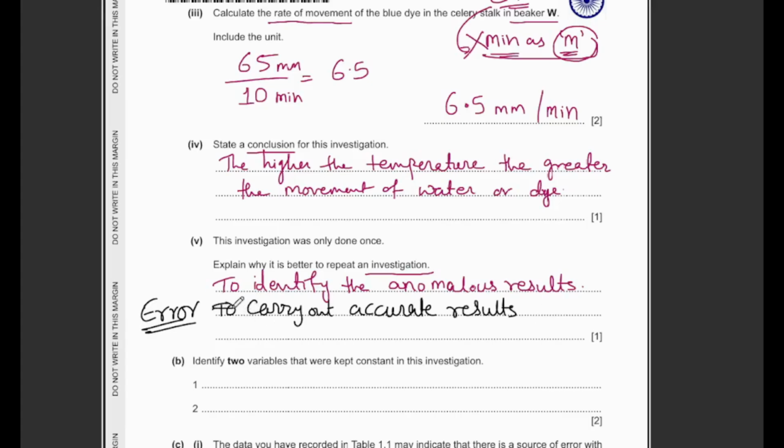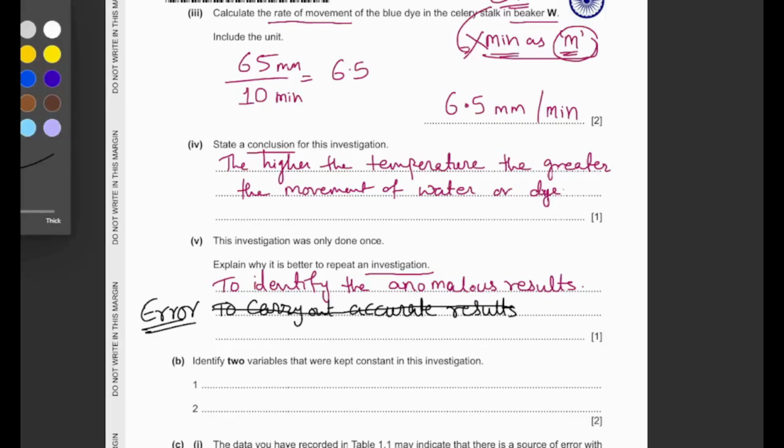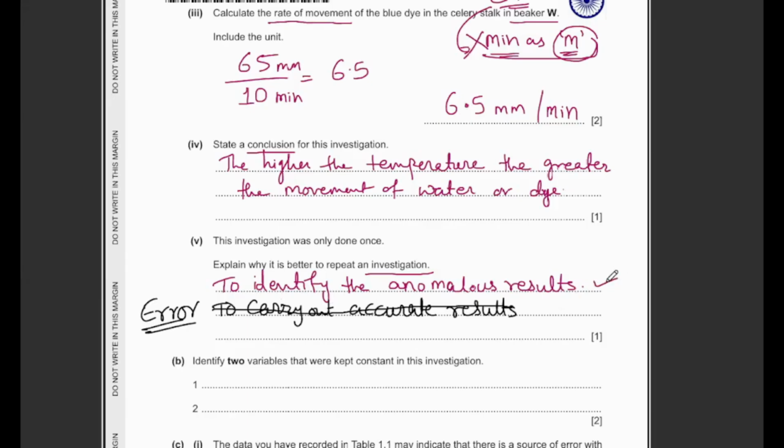This one is completely wrong. We repeat the experiment to identify the anomalies, not to carry out accurate results or find an average result. That's completely wrong. I hope that's a clear answer and explanation. So this is the correct one, 1 mark.